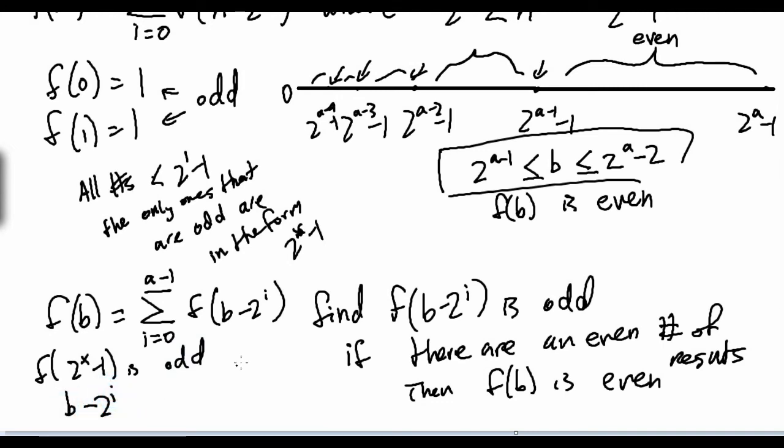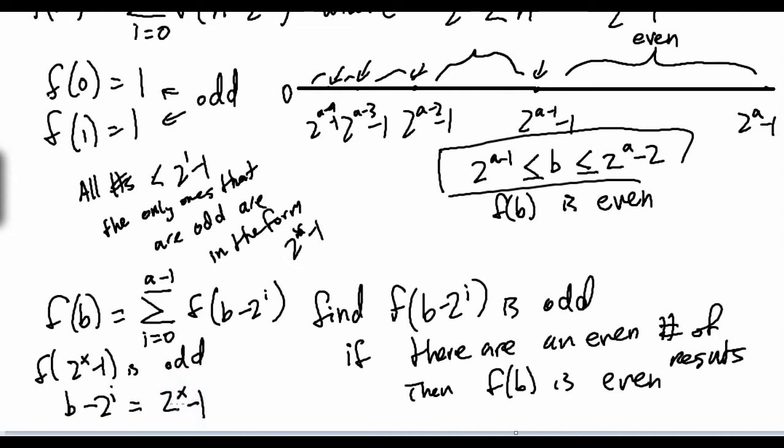We know that b minus 2 to the i has to be in this range. It has to be under 2 to the a minus 1 minus 1. We already know the only numbers under that range that give an odd value are in the form 2 to the x minus 1. So thus, this must be true.